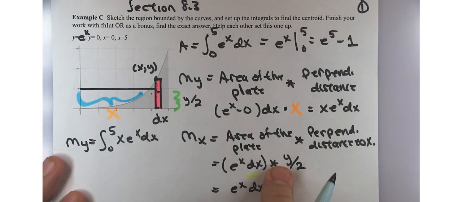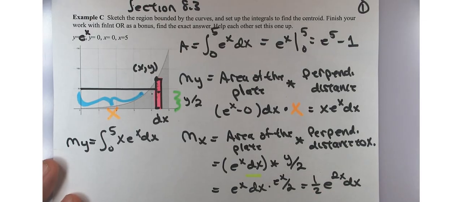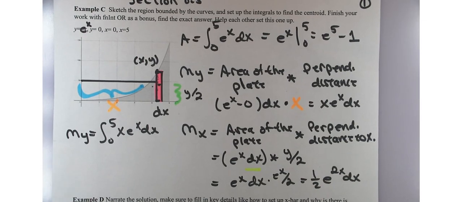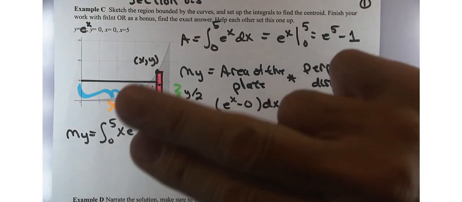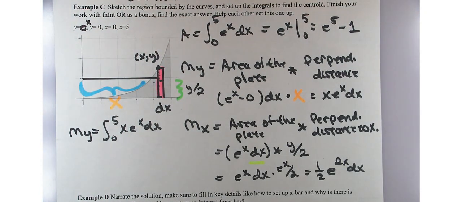Instead of y over 2, what am I going to put there? e to the x over 2. e to the x over 2, or basically 1/2 e to the 2x dx. That's my expression for M sub x. That is the force that tends to want to turn this region around the x-axis. So I'll pause there for a second. Are we okay with that one?